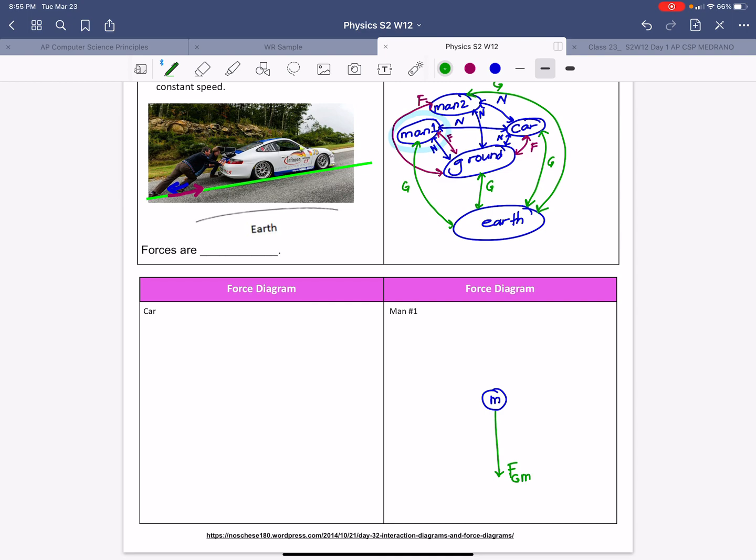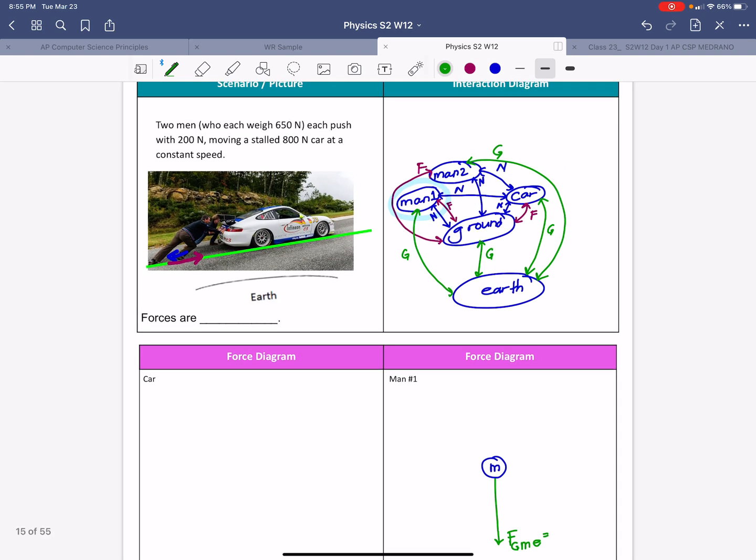The man is feeling something from the Earth. The man, who weighs 650 newtons, is going to feel that force from the Earth. And now the ground is pushing up on the man. So we have a normal force on the man from the ground, also at 650 newtons.